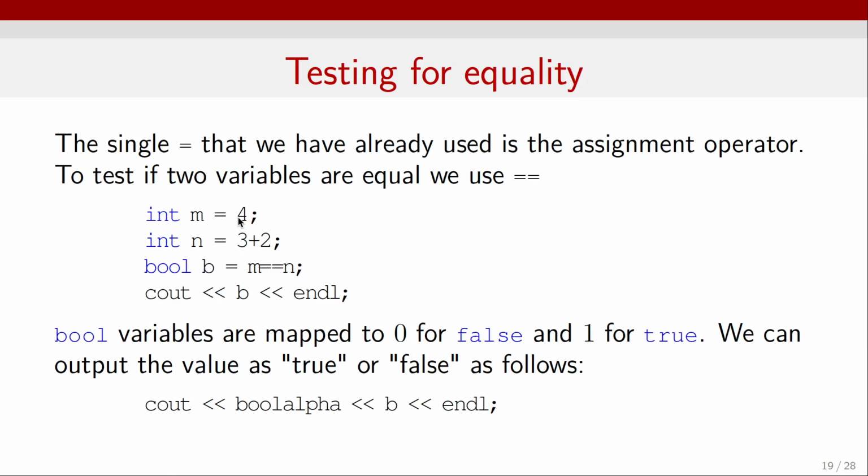In this case, m is 4 and n is 5, so this is false. So this Boolean variable b is going to be false, so it's going to be 0. So if I type cout b, I should get 0. So you can try this, type up this program in a C++ file and run it and see what you get.